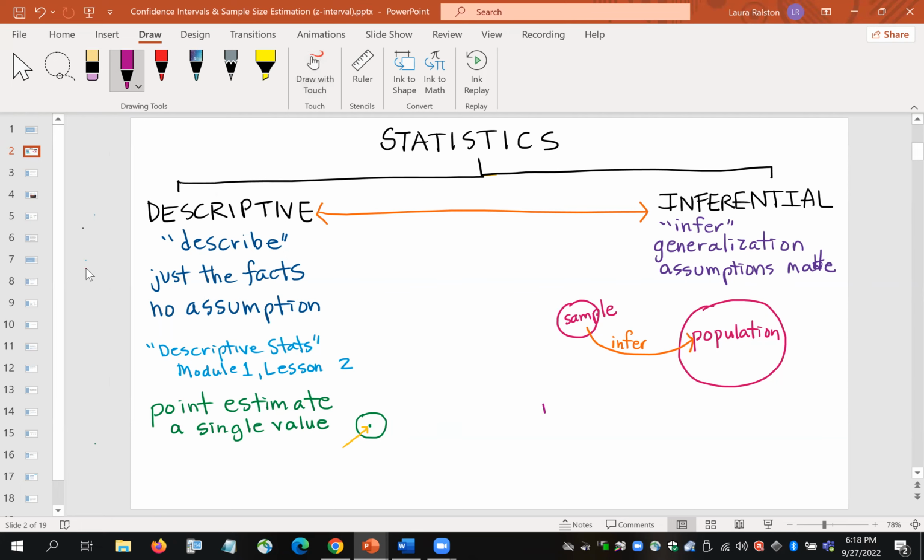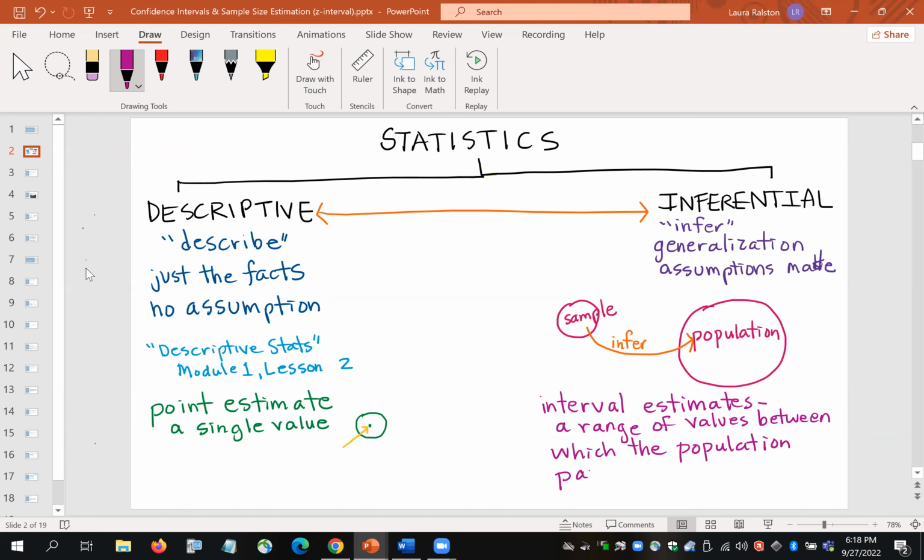And so tonight we're going to begin talking about what are called interval estimates, which give us a range of values between which the population parameter could fall.